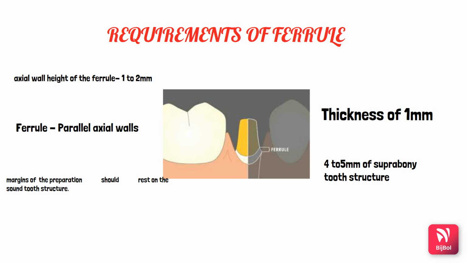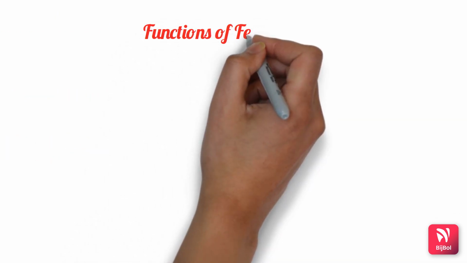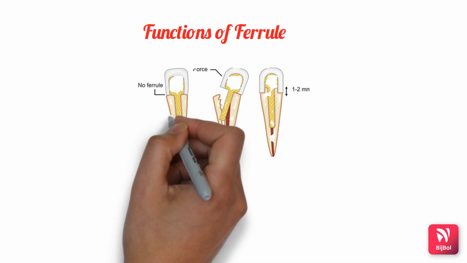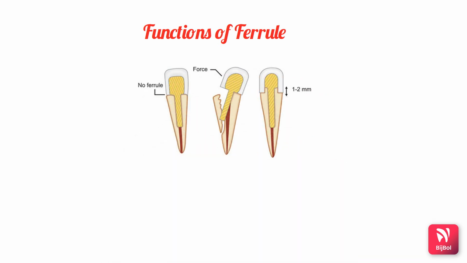Looking at the functions of the ferrule, it is found that 1.5 to 2 mm of ferrule increases the fracture resistance of endodontically treated teeth. The protective effect of the ferrule is because it dissipates the forces that concentrate at the cervical area of the clinical crown.